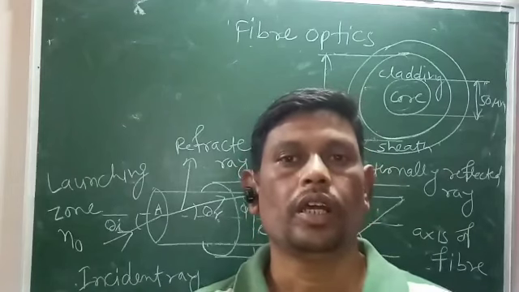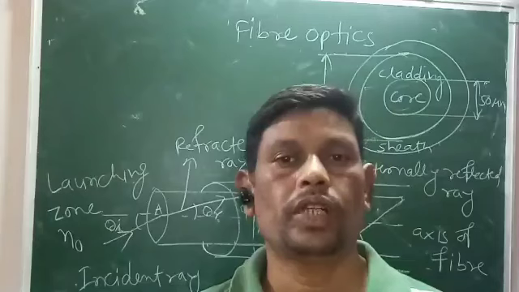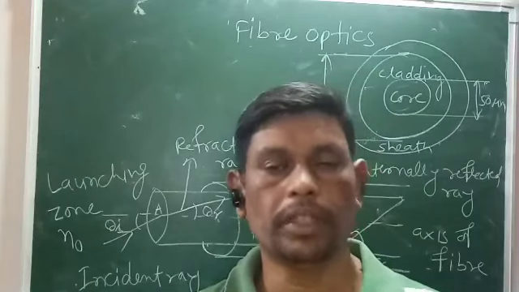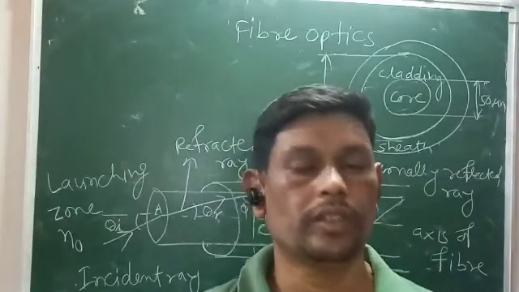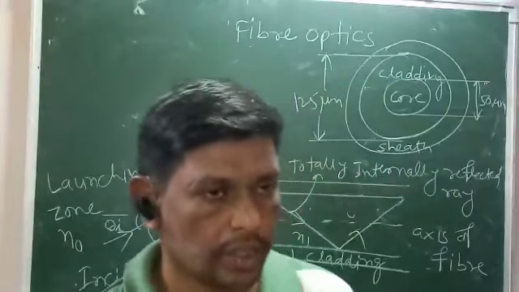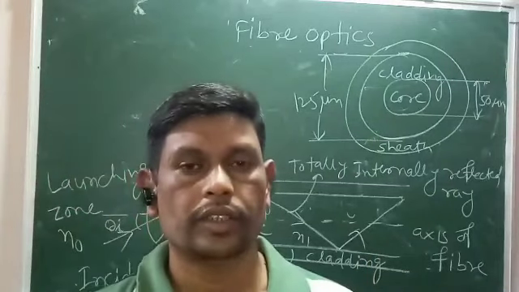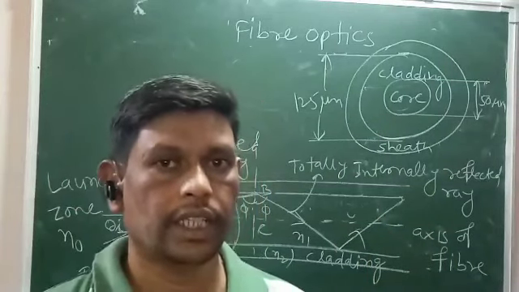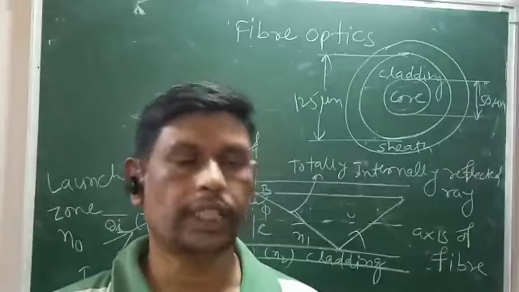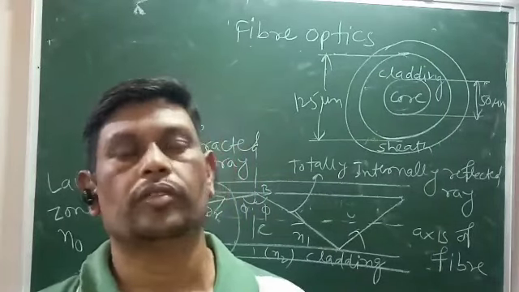So today we will discuss what is fiber, what are the principles of fiber, and what is the cross section of the fiber. So let us start. What is fiber? Fiber is a glass or plastic as thin as human hair, and it is designed to guide light along the fiber.